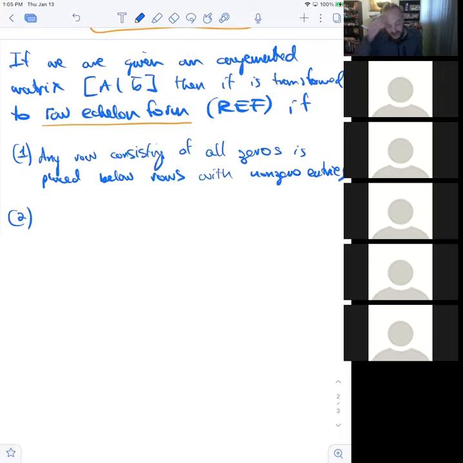2, any non-zero row has a leading entry.